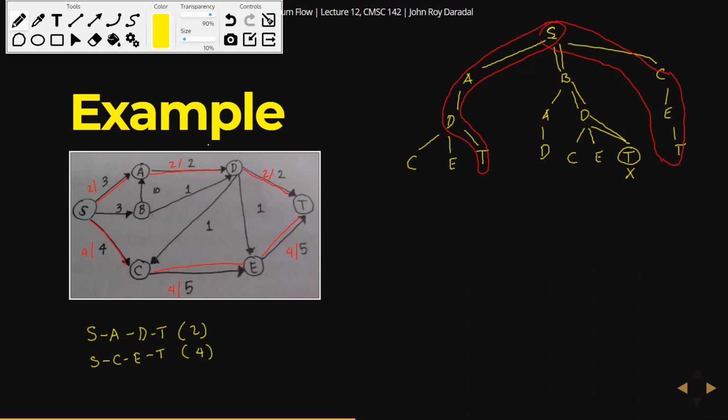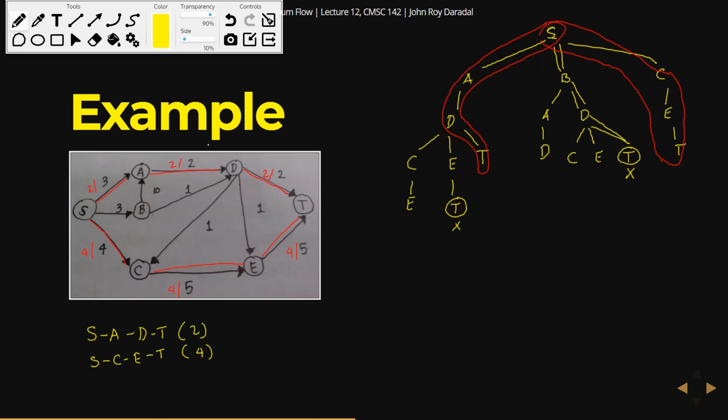From C, we can go to E again, and from E, we can go to T again. But again, the problem here is that the AD part of the path is already fully saturated, because AD is already full, 2 out of 2. So although we reach T, this is not an augmenting path.